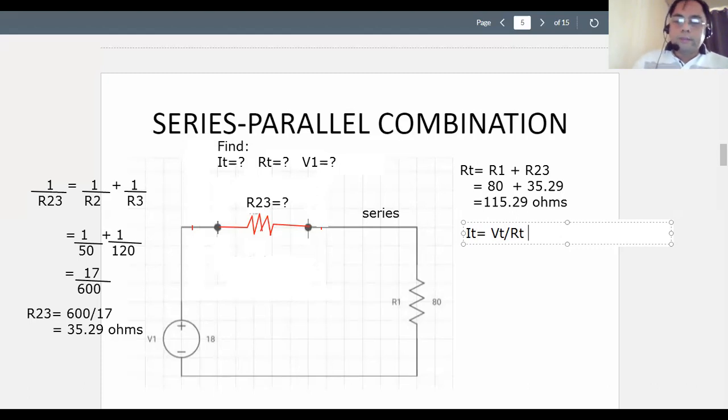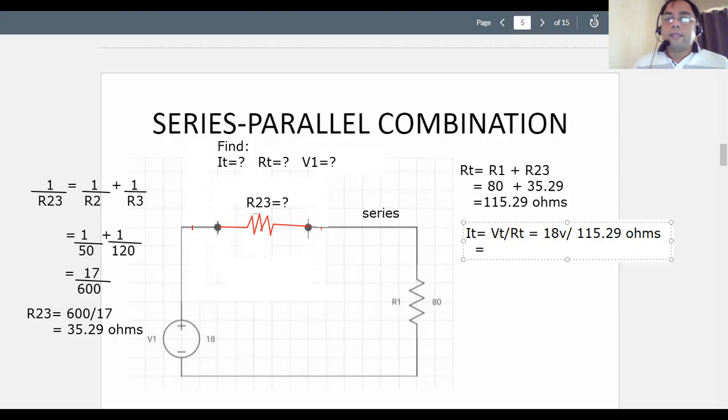So substituting, this is 18 volts divided by 115.29. We have 0.16 if we round it off to 2 decimal places. So we have 0.16 amperes, which is now our current.